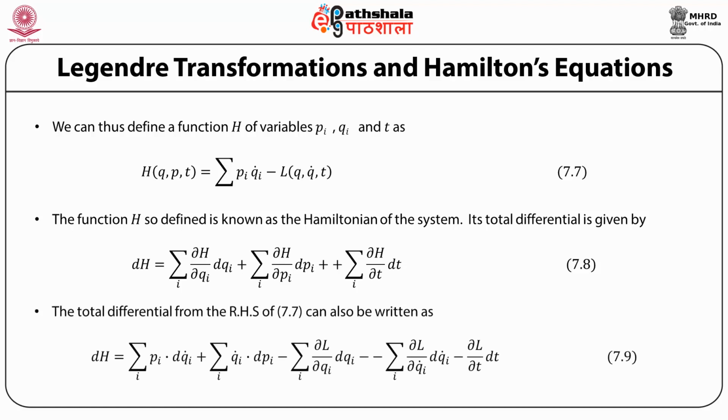Now the total differential of the right hand side is sigma p_i d(q_i dot) plus q_i dot dp_i minus (dL/dq_i) dq_i minus the partial derivative of L with respect to q_i dot times d(q_i dot) minus (dL/dt) dt, where L is a function of the generalized coordinates, generalized velocities, and the time t.